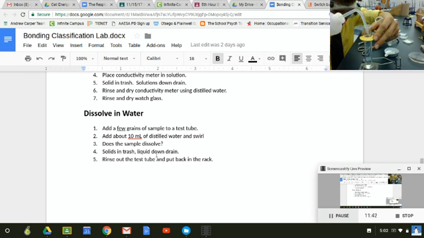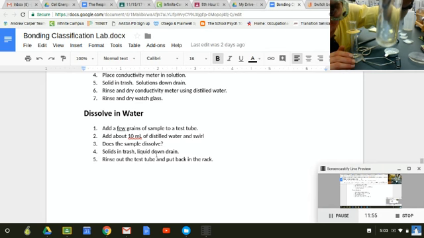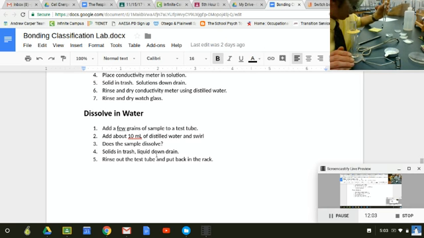Measure out 10 milliliters. I'm going to look if I can still see the substance in the test tube. If I can't see the substance anymore, then it dissolved in the water. And then, again, solids in the trash, liquids down the drain, rinse out the test tube, put it back in the rack.